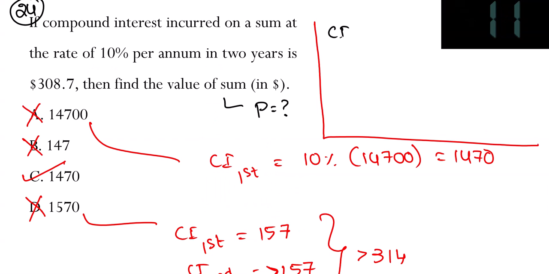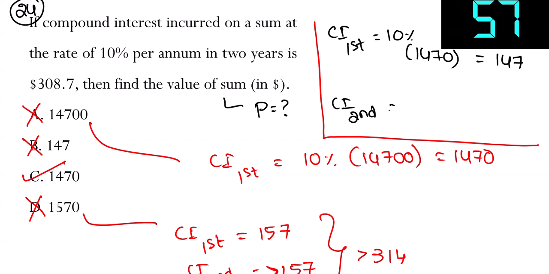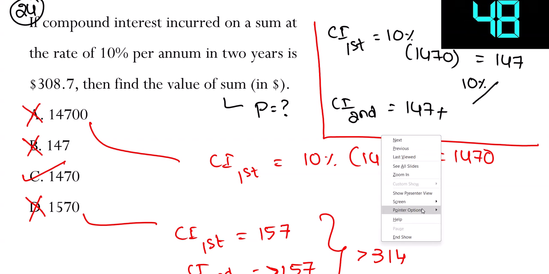First year compound interest: interest calculated on principal. Interest is 10%, principal 1,470. I got 147 as the compound interest for first year. What about second year compound interest? First year plus 10% for that interest, interest on interest. That is why the name compound interest. Brick on brick, if you place a wall, compound wall.